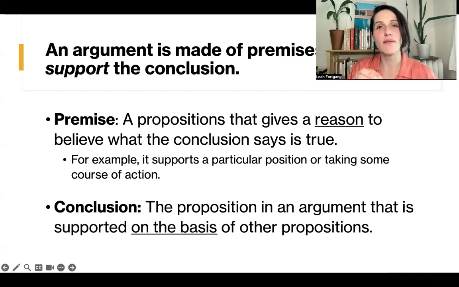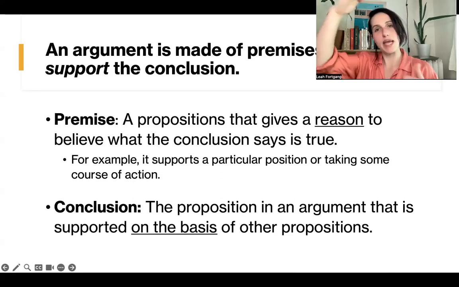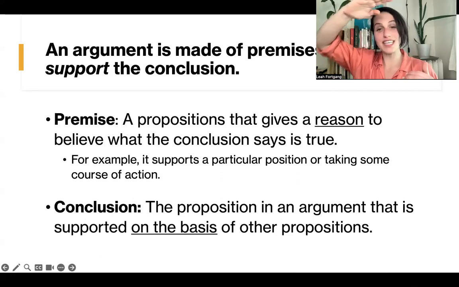Premises in particular are a subcategory of propositions that function as reasons for supporting a conclusion, where the conclusion is also a subcategory of propositions that function within an argument, or rather, the conclusion is part of an argument that is supported on the basis of those reasons you list above.